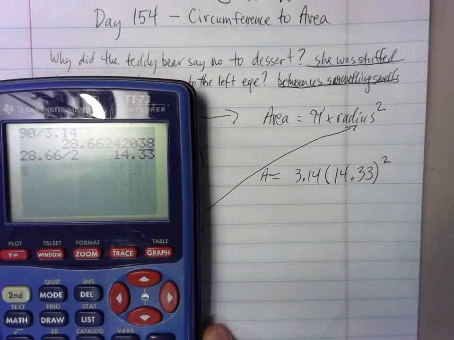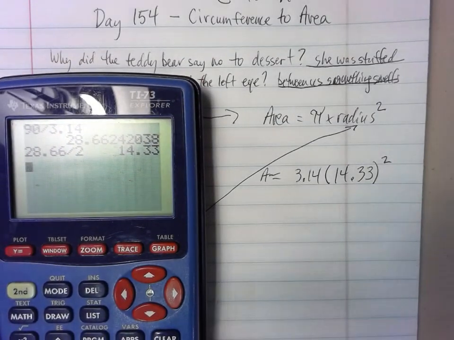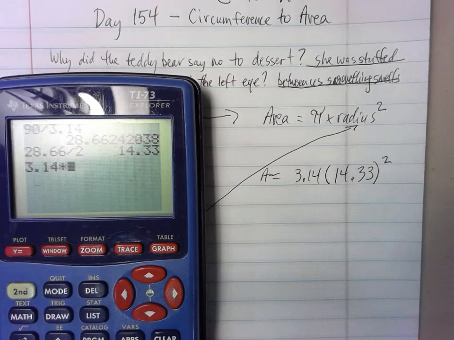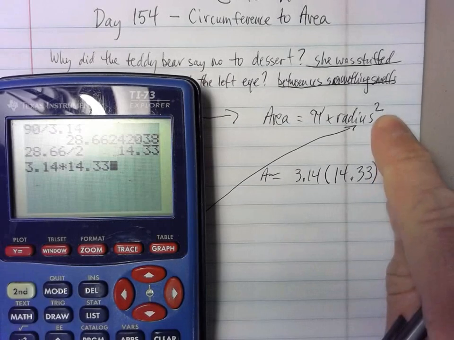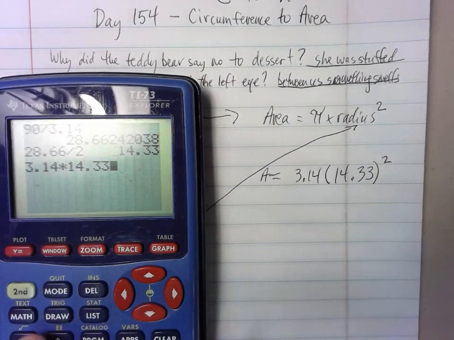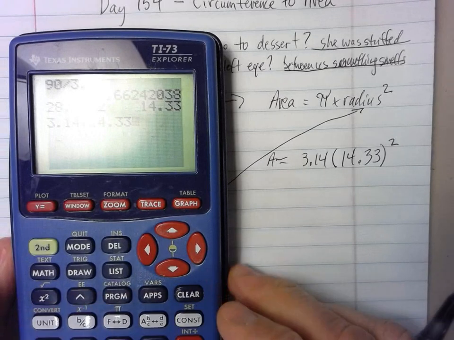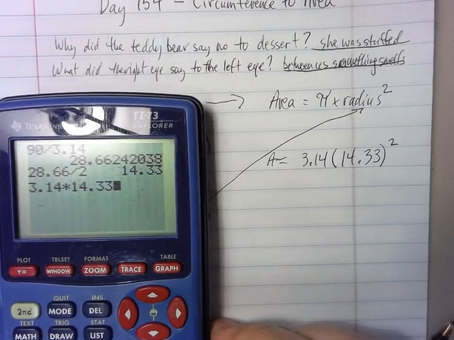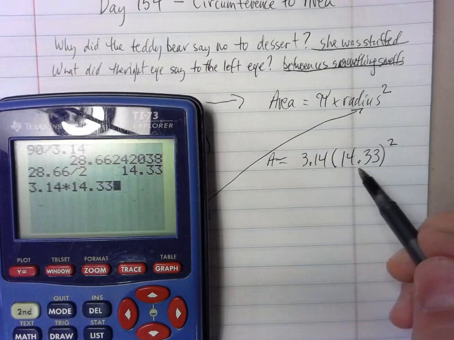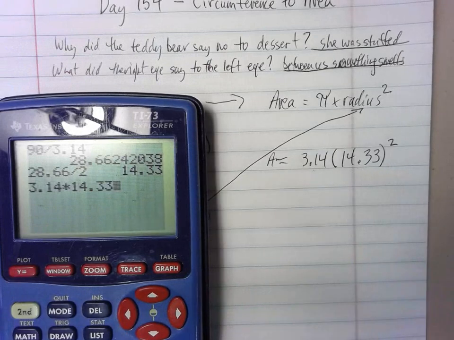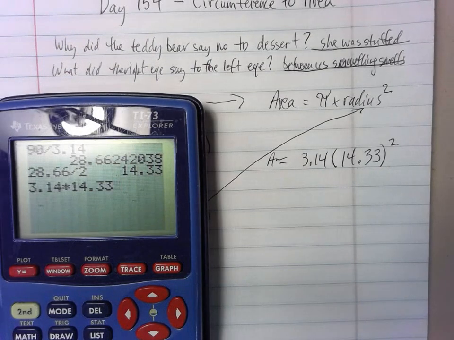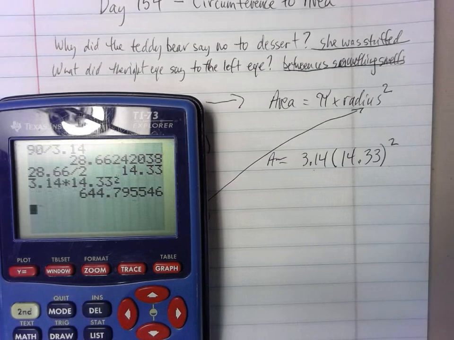Back to the calculator: pi times 14.33, and don't forget you have to square the radius. You can use the squared button if you have it on the calculator. If you don't, just do 3.14 times 14.33 times 14.33. I'm going to hit the squared button first and do it that way.